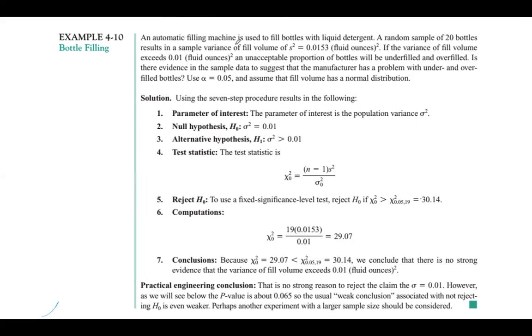An automatic filling machine is used to fill bottles with liquid detergent, and a random sample of 20 bottles results in a sample variance of fill volume of 0.0153 fluid ounces squared. Just to write some notes, this is bottles, which is n equal to 20. It is about the variance, a sample variance.